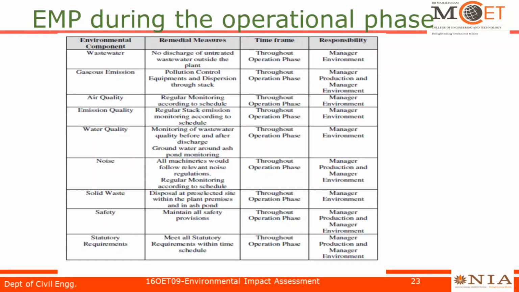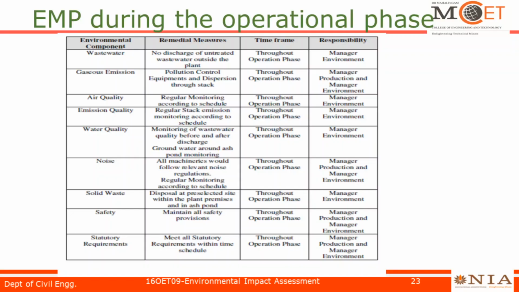Right, so some more wastewater, no discharge of untreated wastewater outside the plant, gas emissions, pollution control equipments and dispersion through stack, air quality, regular monitoring according to schedule, emission quality, regular stack emission monitoring according to schedule, water quality, monitoring of wastewater quality before and after discharge, groundwater around ash pond should be monitored, noise, all machinery should follow relevant noise regulations, regular monitoring according to the schedule, solid waste should be disposed at pre-selected site within the plant premises and in ash pond, safety, maintaining all safety provisions, statutory requirements, meet all statutory requirements within the time schedule.